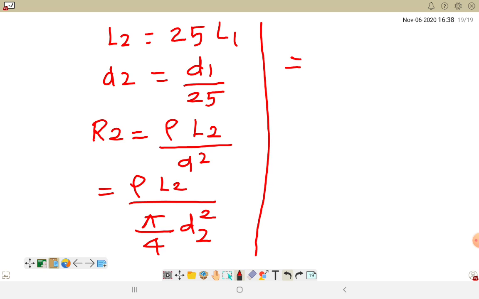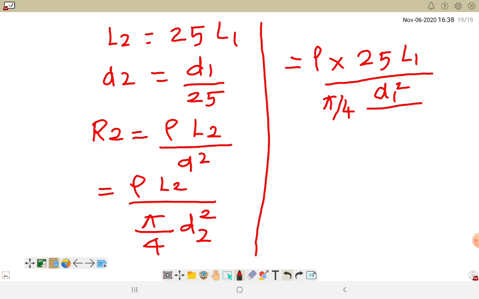Next, rho into 25 L1 instead of L2, divided by pi/4 into D1 square divided by 25 square. So 5 square is 25.